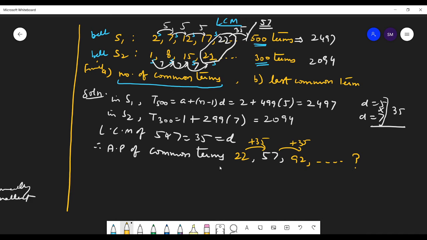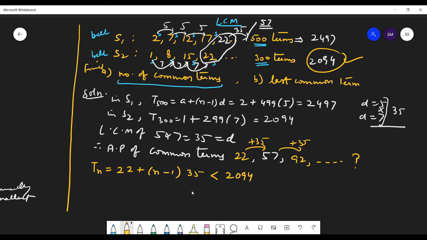So this way you have to tell me the last term. What will be the last term? Let us assume, see, the last term cannot be greater than 2094 because this is the last term. Agreed or not? So the last term will be lesser than 2094. So A plus n minus 1 into D will be lesser than 2094.